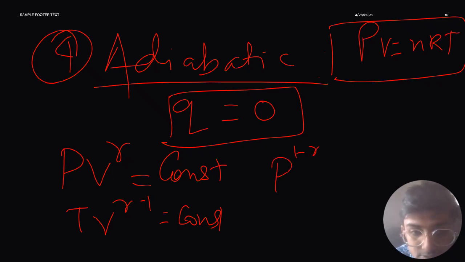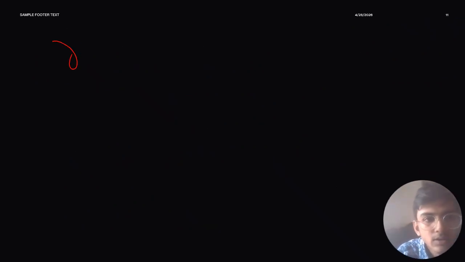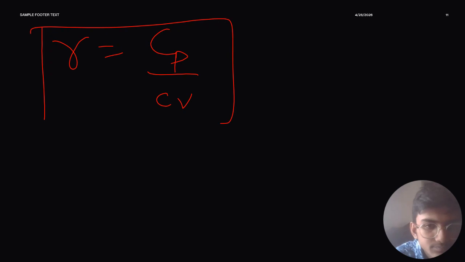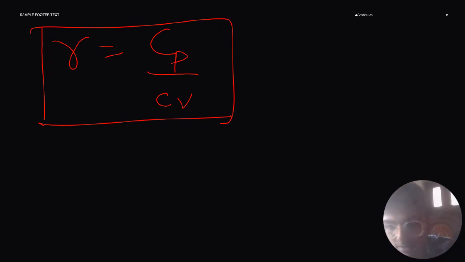Let me write the results first. What is gamma? First of all, gamma is Cp by Cv. What is Cp? What is Cv? Let us discuss a little bit, because these are the parts we'll discuss in the next lectures.